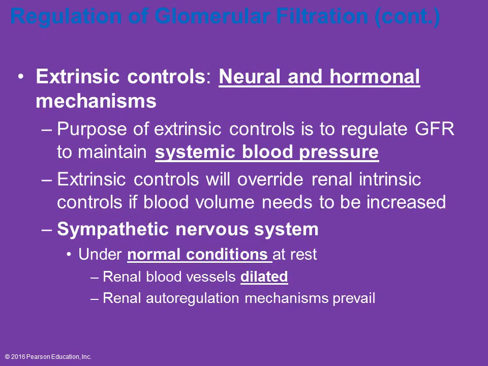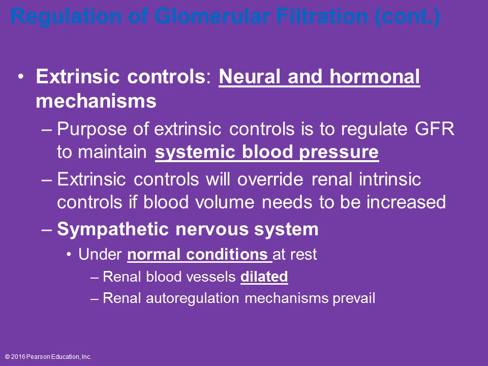The extrinsic controls, like I said, are neural and hormonal. We want to control the blood pressure extrinsically through the sympathetic nervous system. Under normal conditions, the renal blood vessels are going to be dilating, and it just allows the internal autoregulation to occur.